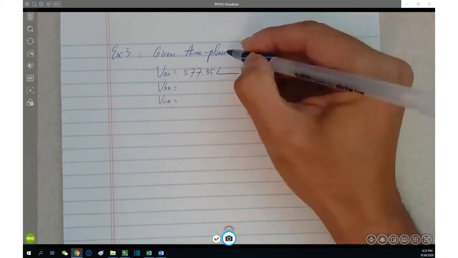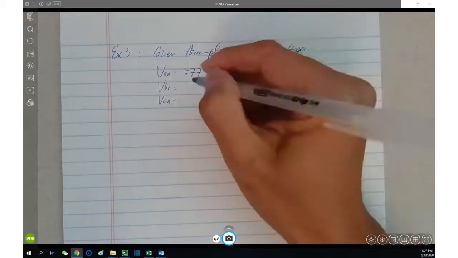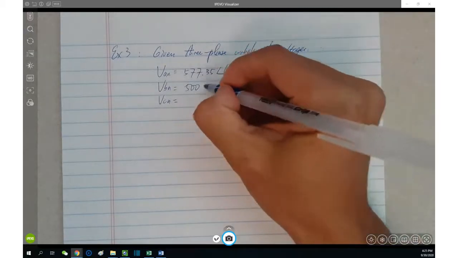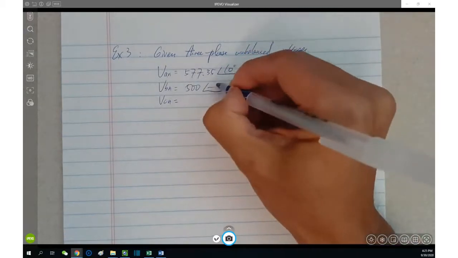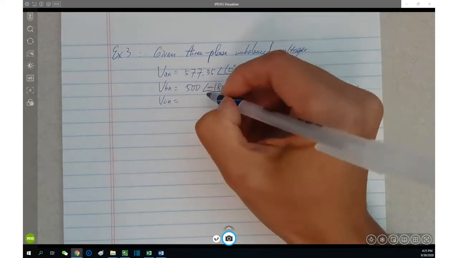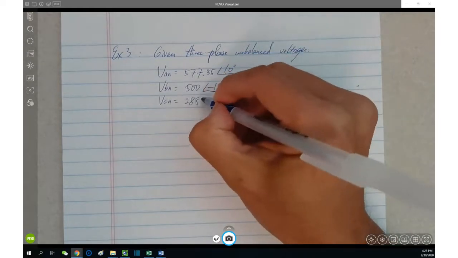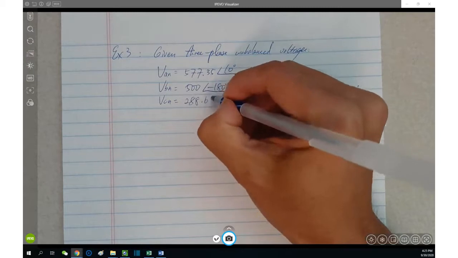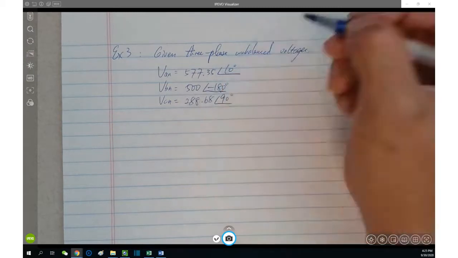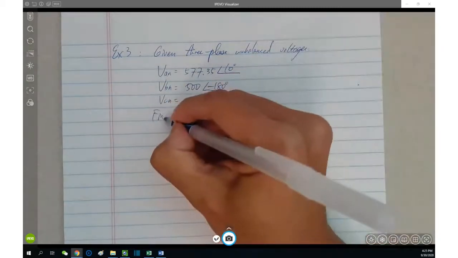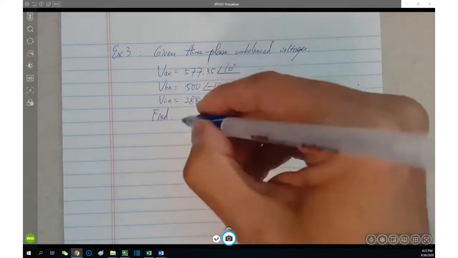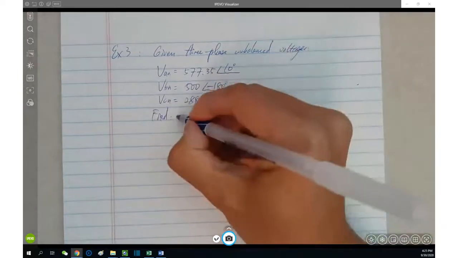Sorry that the number is a little bit tricky, but it's good exercise. Find and plot.